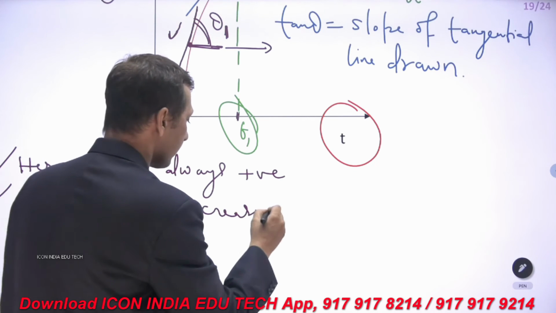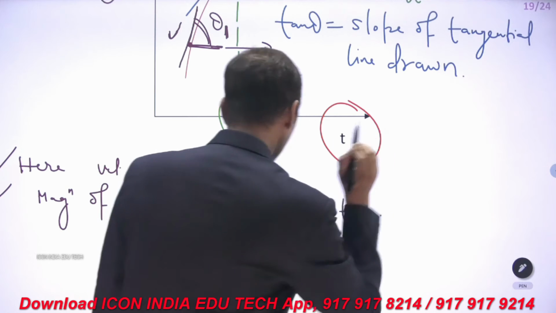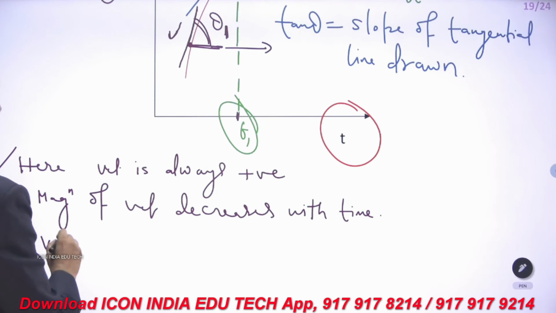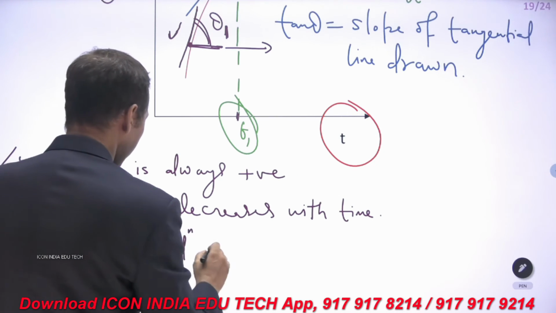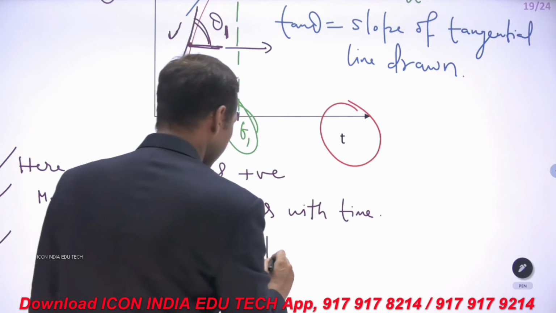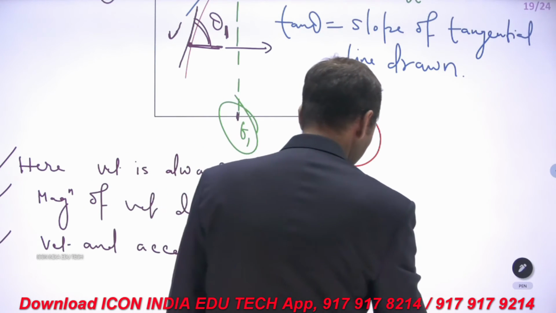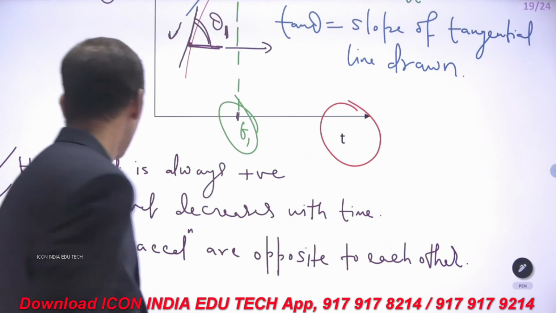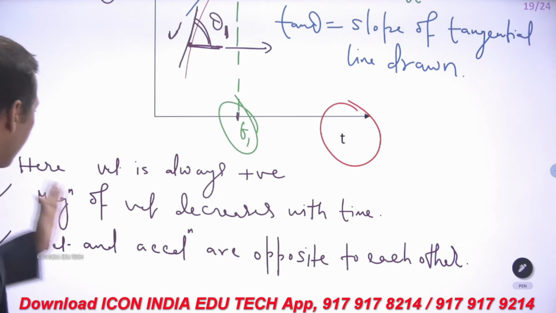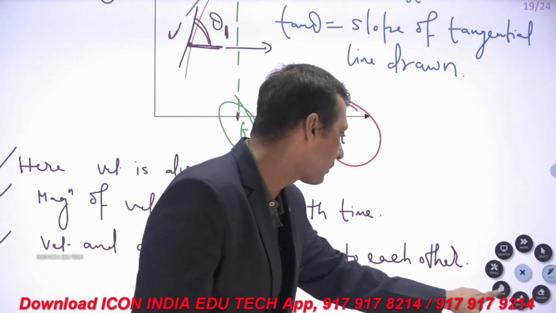The speed of the particle decreases with time, and so velocity and acceleration are opposite to each other. We can make these conclusions after seeing this graph.